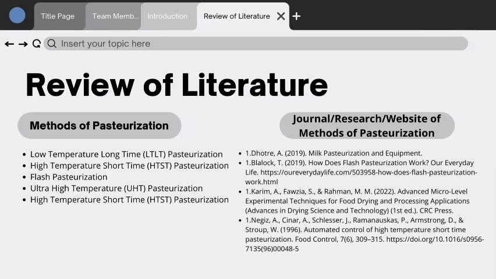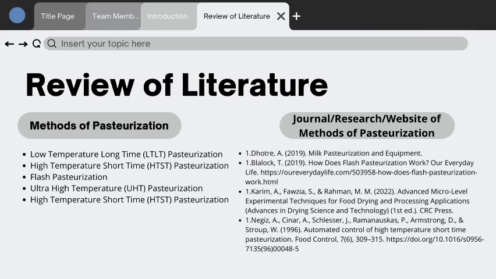Also, it is from the research on the website How Does Flash Pasteurization Work by Blaylock in 2019, and also from the Advanced Micro Level Experimental Technique for Food Drying and Process Application book by Karim, Fauzia and Rahman in 2022.